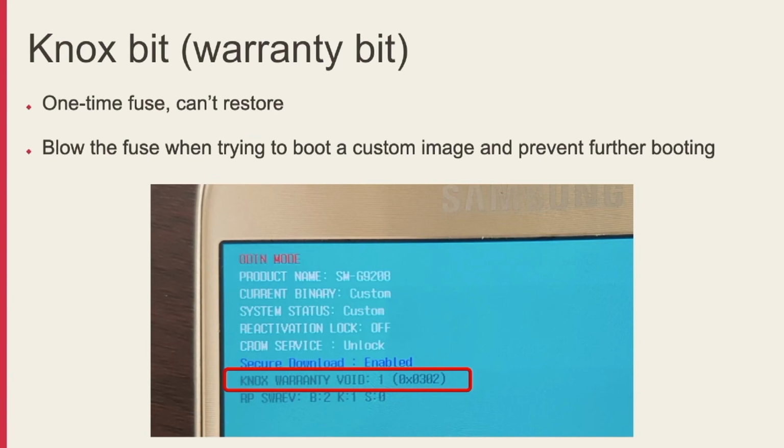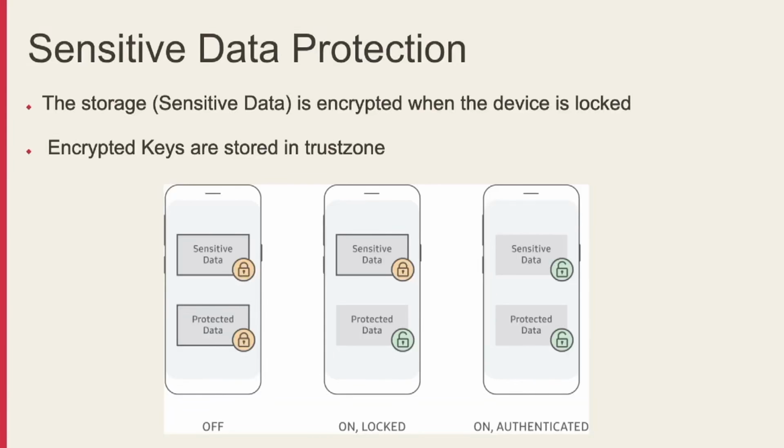Some services in trustzone cannot be launched if the bit is set, such as Knox Container, Samsung Pay, and Trusted Key Store. After the Galaxy S9, Samsung equipped the storage with default encryption. Only after the first time unlocking the screen, the storage gets decrypted. The encryption key is stored in the trustzone application.